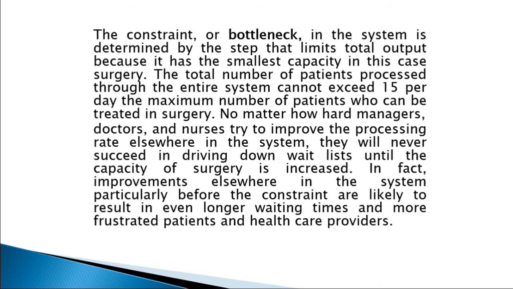No matter how hard managers, doctors, and nurses try to improve the processing rate elsewhere in the system, they will never succeed in driving down wait lists until the capacity of surgery is increased. In fact, improvements elsewhere in the system, particularly before the constraint, are likely to result in even longer waiting times and more frustrated patients and healthcare providers.